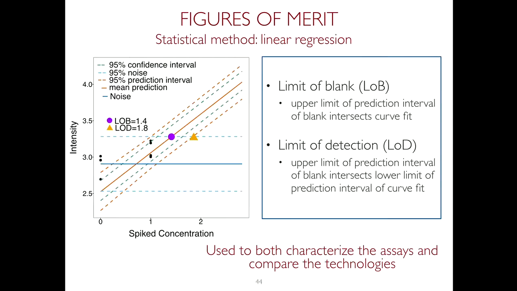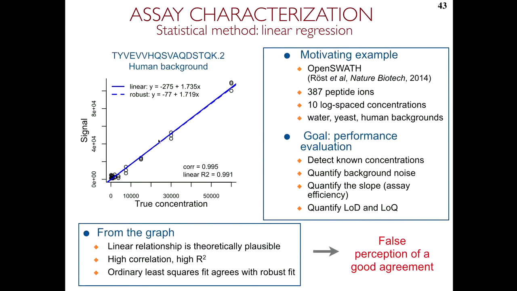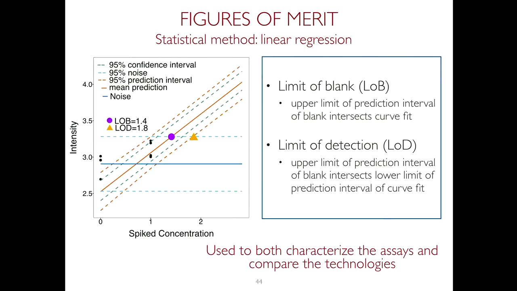Oh, before that. So what do we want to do from this plot? We want to determine things such as limit of blank and limit of detection. There are actually multiple definitions of that, but there are some of them which are standard, and that's what we use here. So for limit of blank, we can think of the upper limit of the prediction interval of blank samples and see how it intersects this curve that we fit.